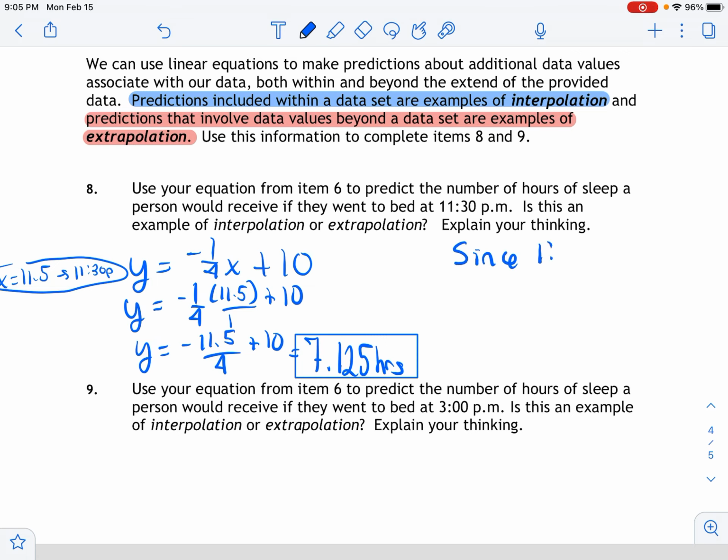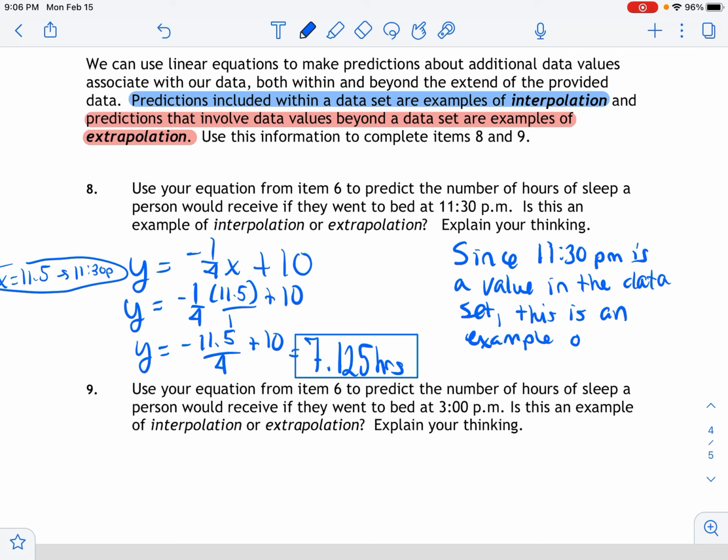So since 11:30 p.m. is a value in the data set, this is an example of interpolation.